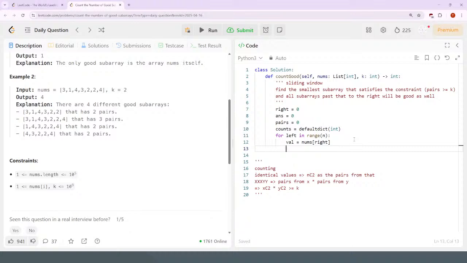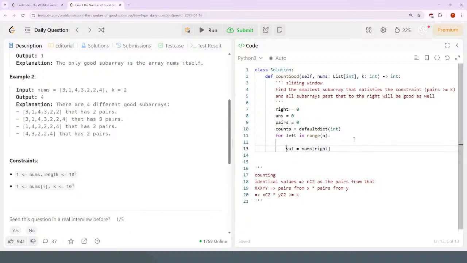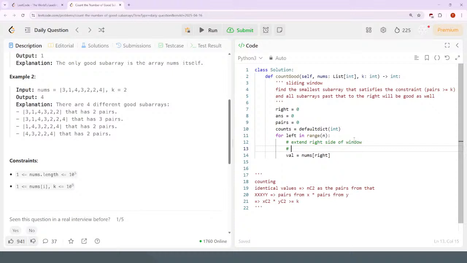So each time you do it, here I'm going to open the window, extend right side of window until the constraint is reached. Constraint is satisfied. There's at least k pairs.